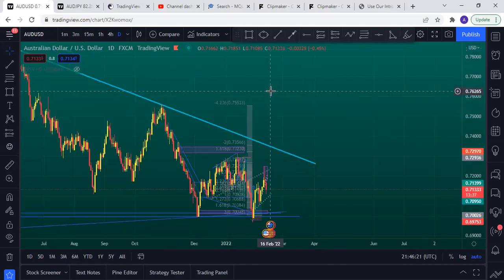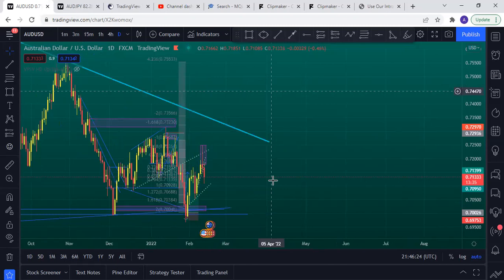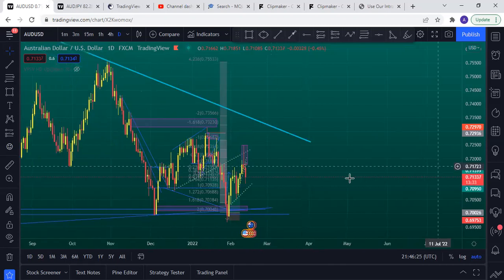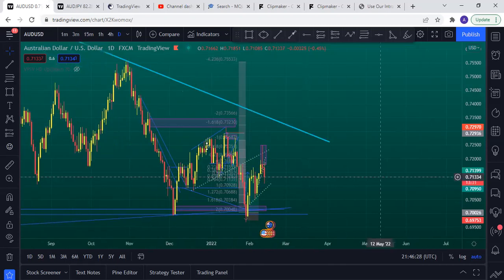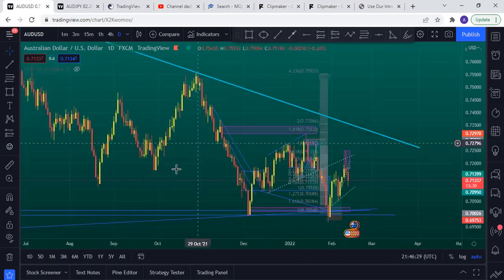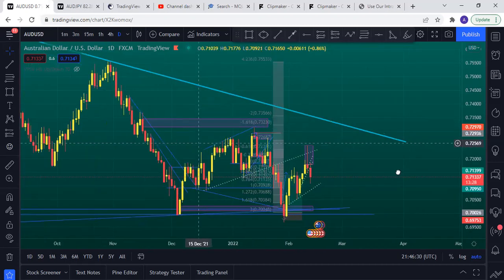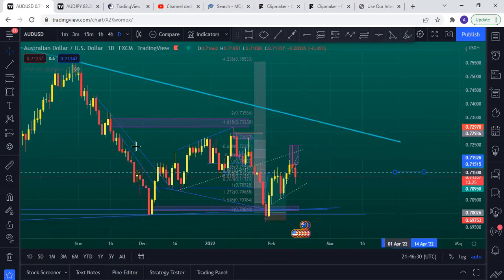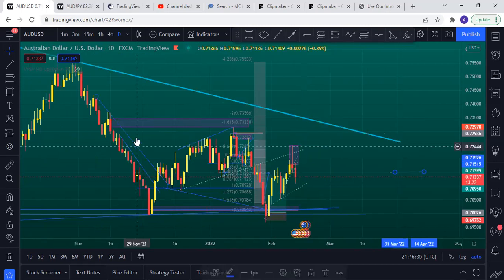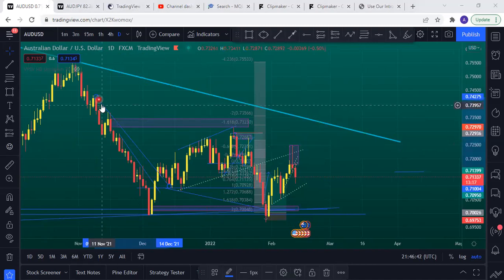What I mean by the slope of the trend line is this. Can you see these two trend lines? This trend line here, this particular trend line, and this other trend line.